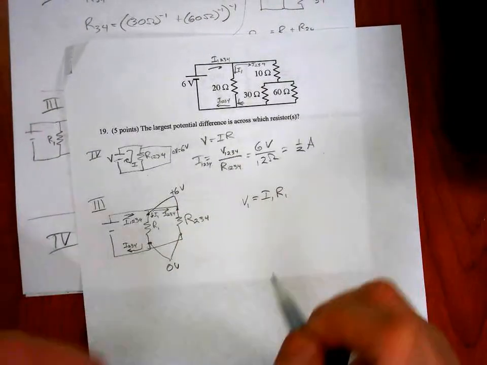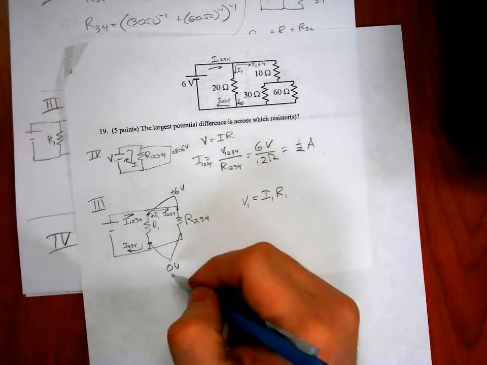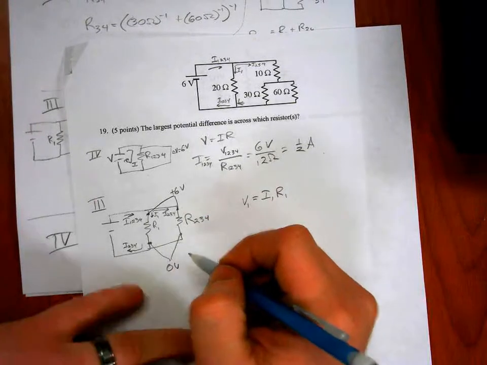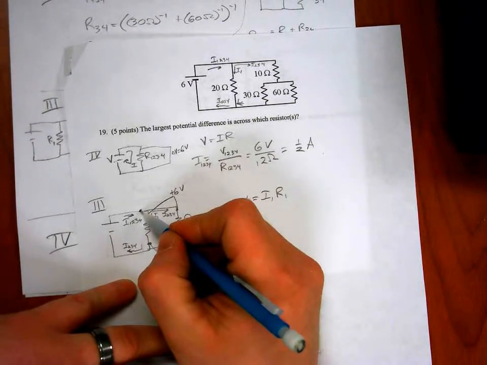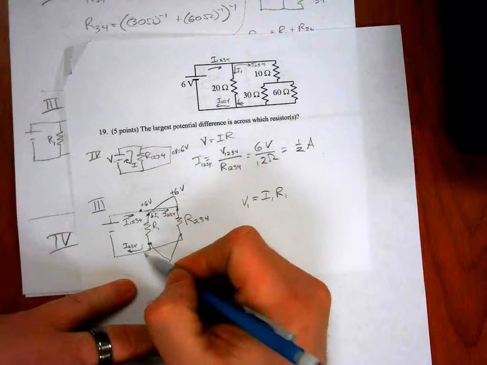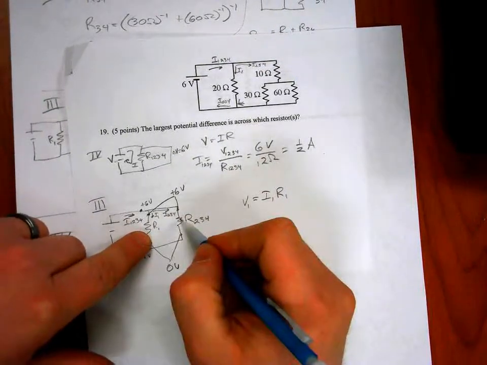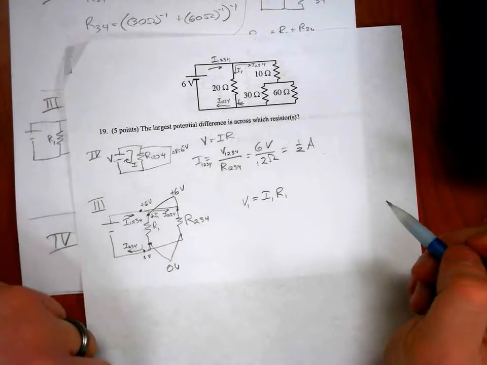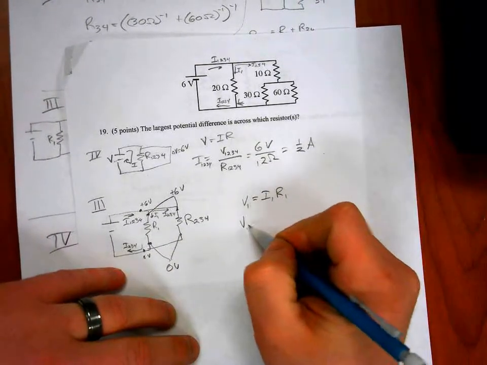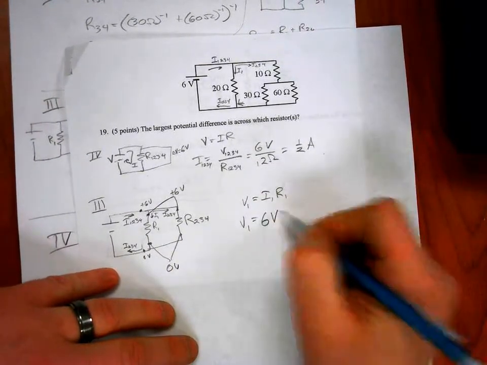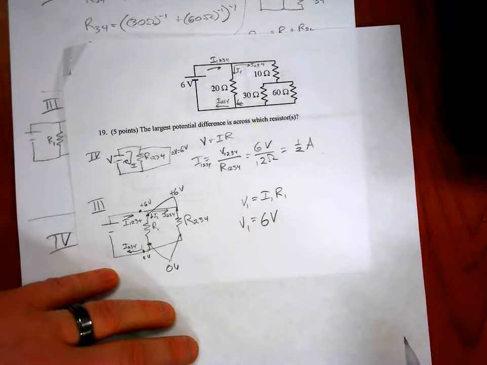The potential difference is 6 volts. So this side has to be plus 6 volts and this side has to be 0 volts. And that's going to be the same on each leg here. So then we could say the voltage drop V1 is, we didn't have to do anything there. We just say it's 6 volts.